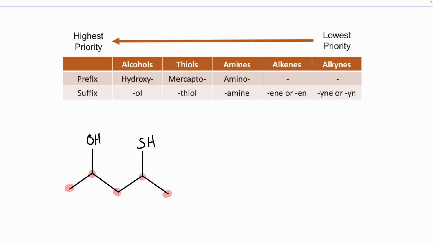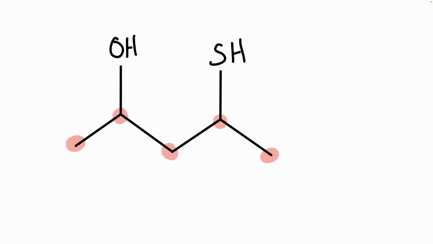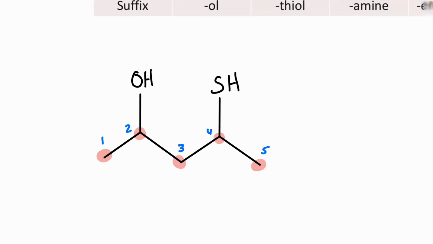So remember, when we're numbering, we're only going to pay attention to that highest priority functional group, right? So if I look at my list here, alcohols are higher priority than thiols. So when I number, the only thing I'm going to pay attention to is that locant for my alcohol functional group, that hydroxyl group. So I'm not going to number right to left, I'm going to number from left to right, making sure that that OH group is on the lowest number carbon.